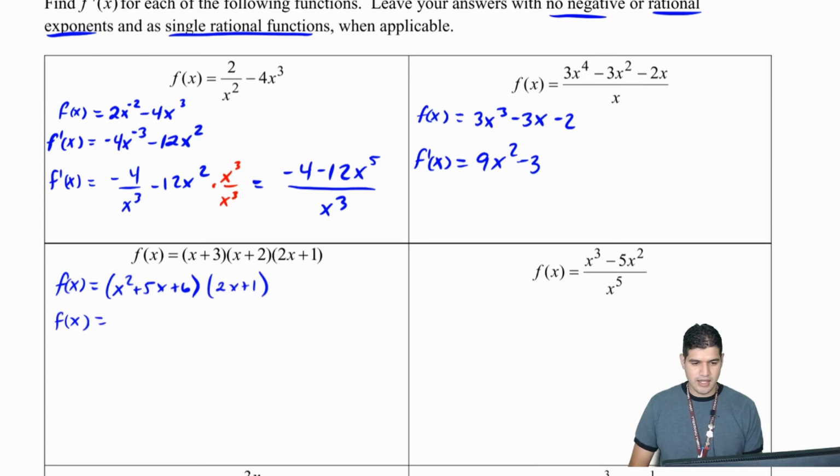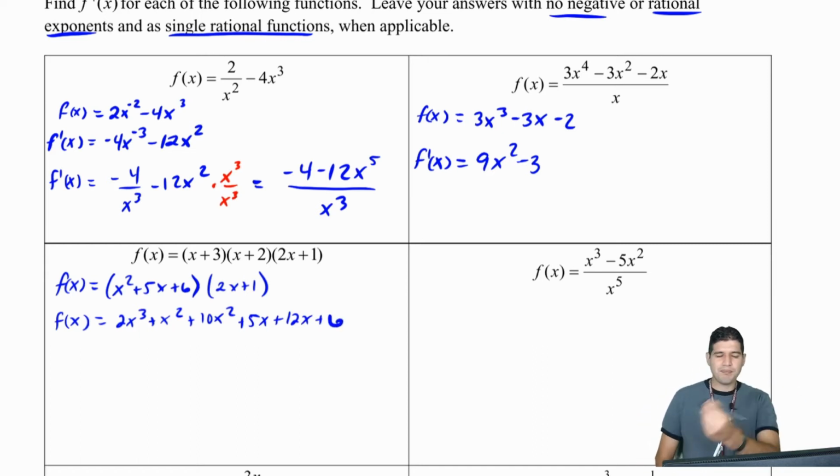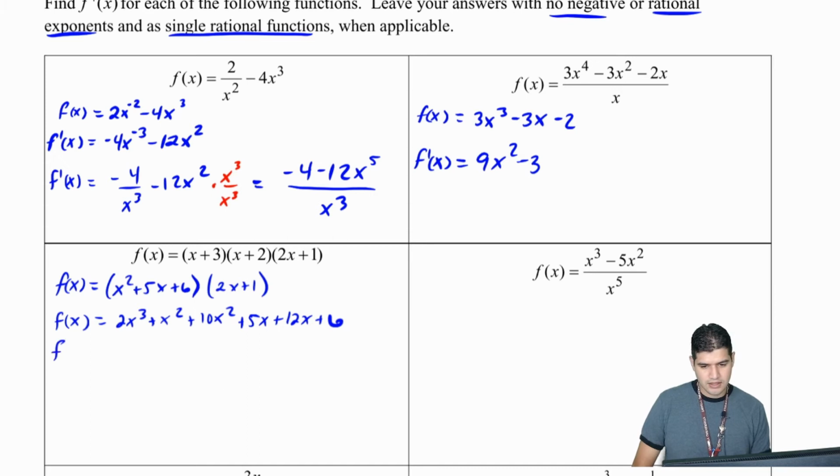I'm going to get 2x cubed plus x squared plus 10x squared plus 5x plus 12x plus 6. Now I'm going to combine all of my terms here. So f of x equals 2x cubed plus 11x squared plus 17x plus 6.